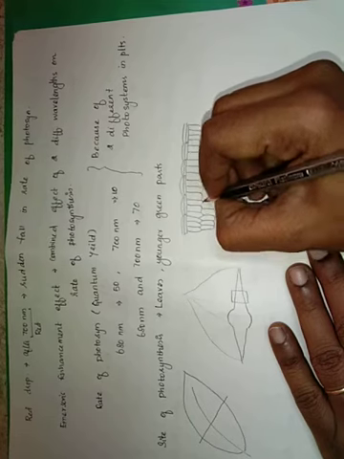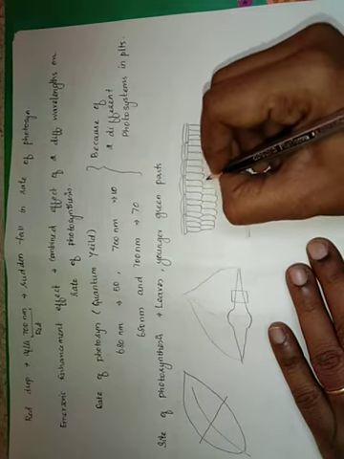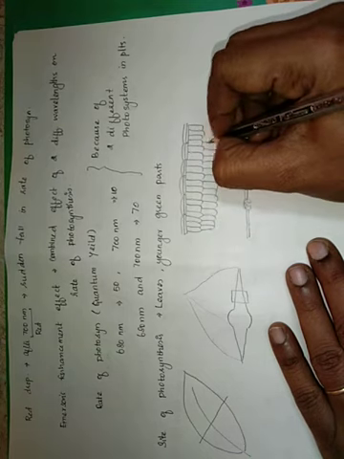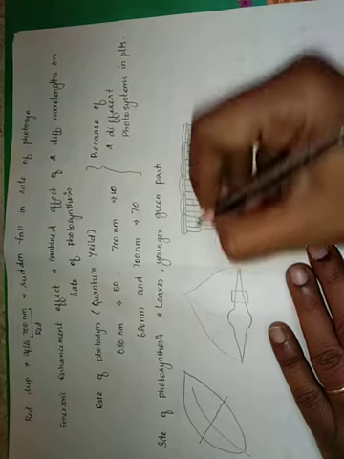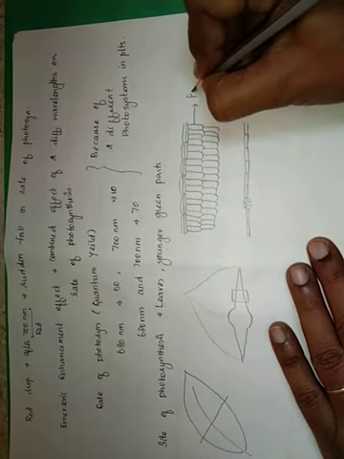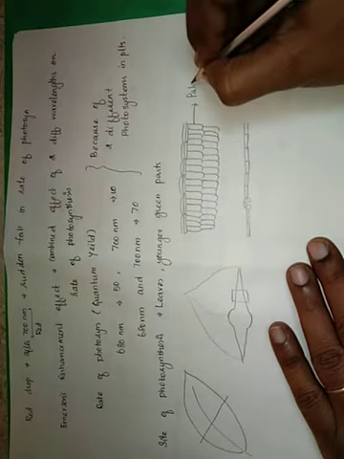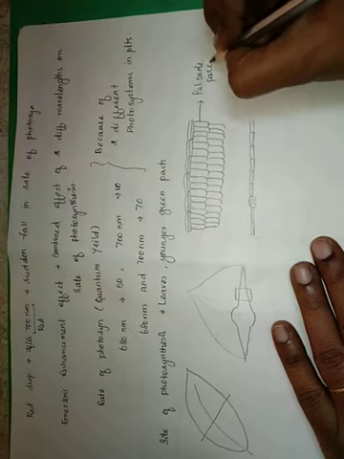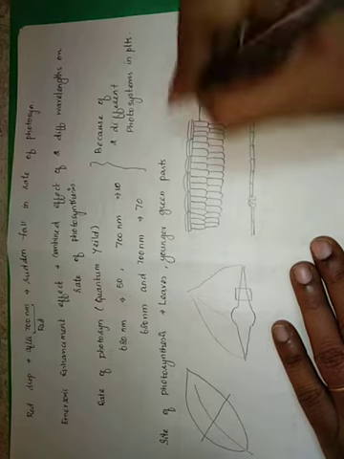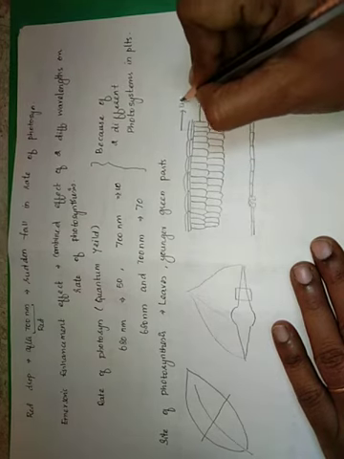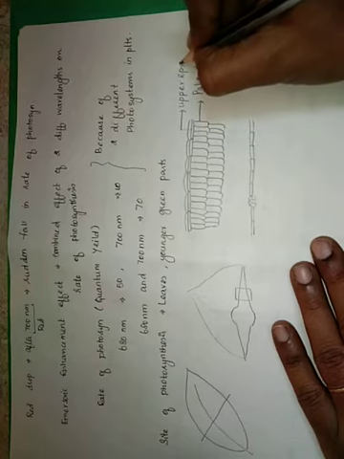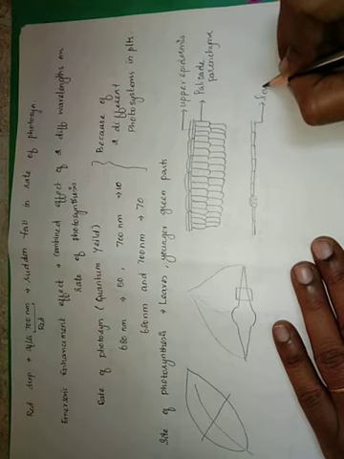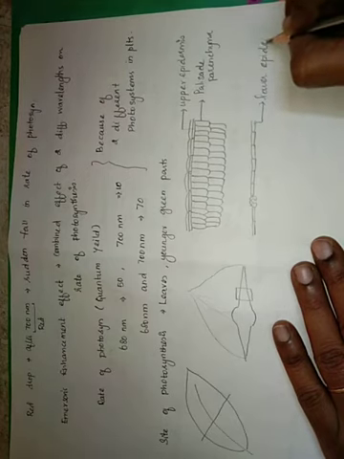So these cells, what I am drawing here, the tall cells that are closer to the upper epidermis, we call the palisade parenchyma. This is the upper epidermis. This is the lower epidermis.